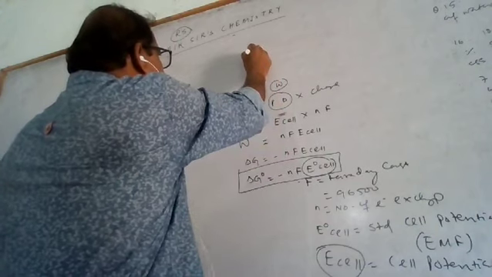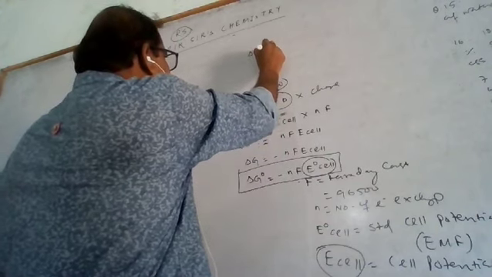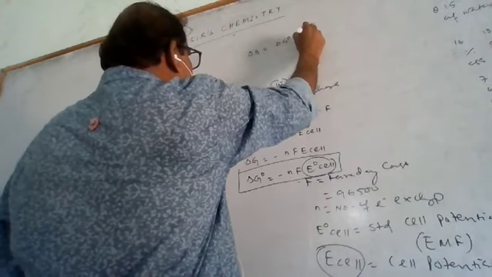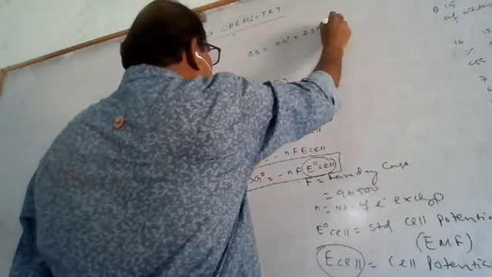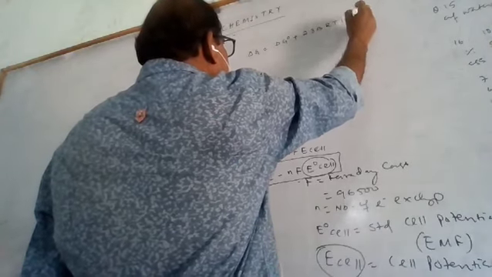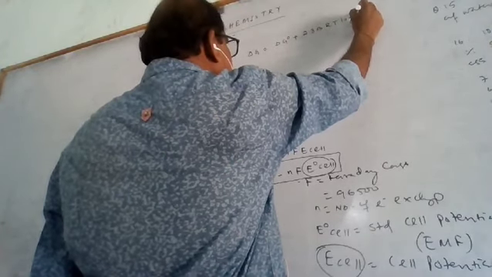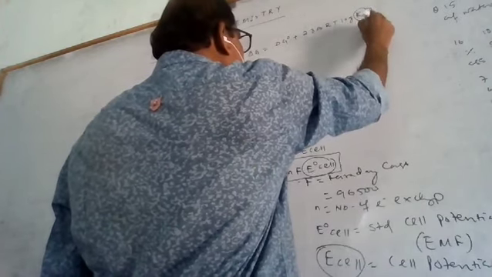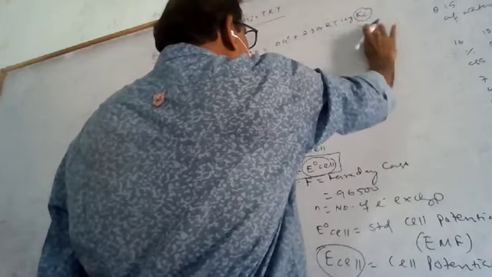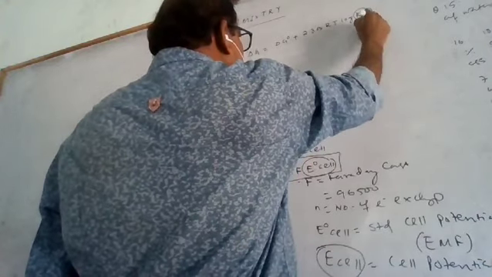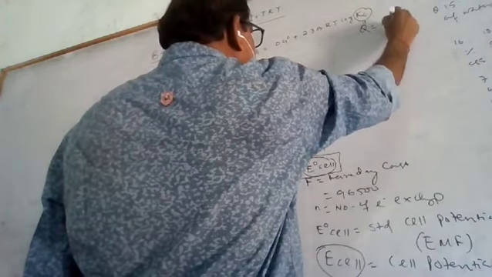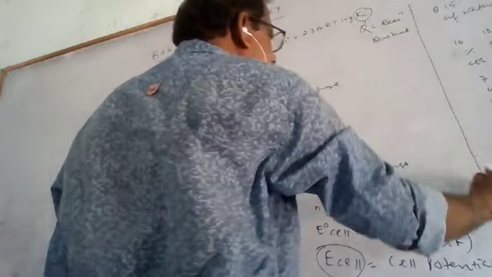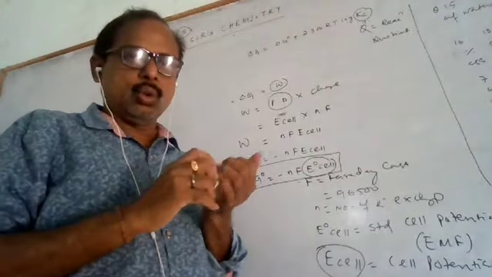According to the Gibbs-Helmholtz equation, delta G is related to delta G naught plus 2.303 RT log Kc, the equilibrium constant. Let me write Kc, or you can write Q also. Q is the reaction quotient.